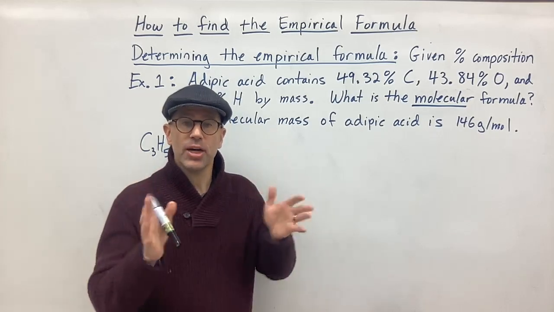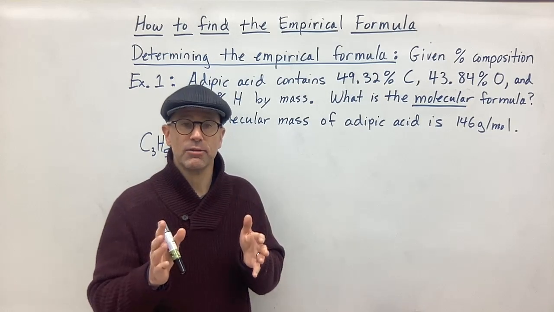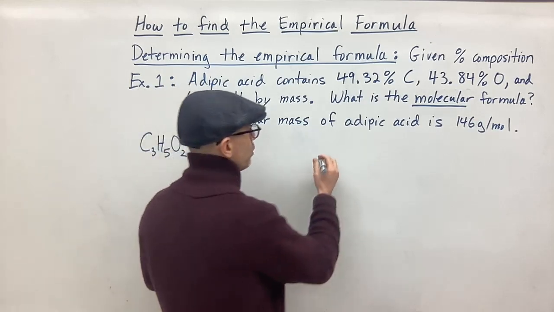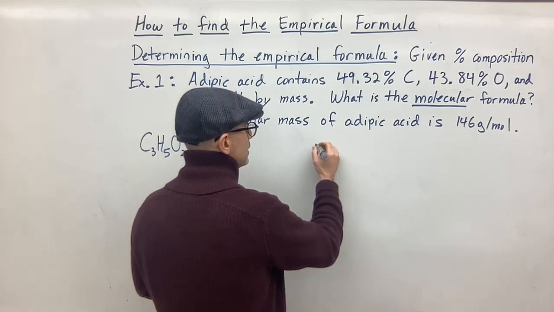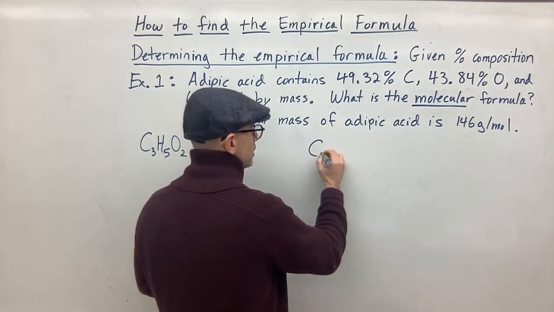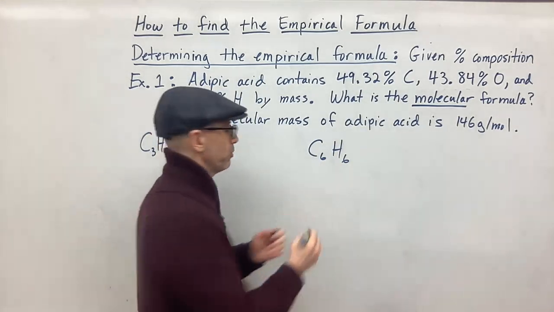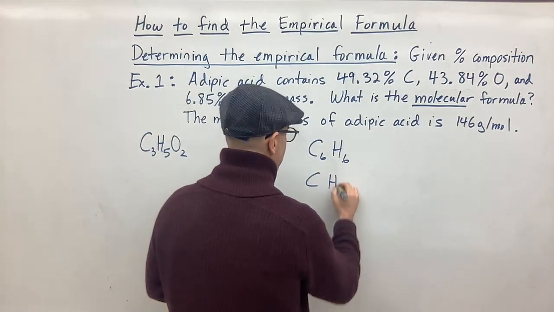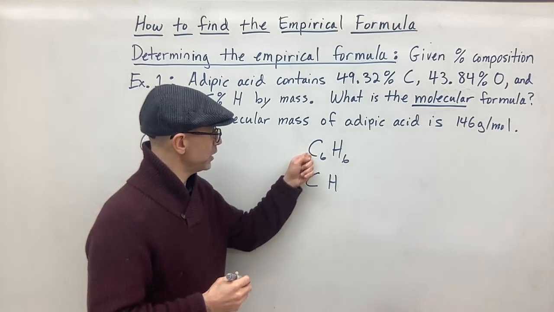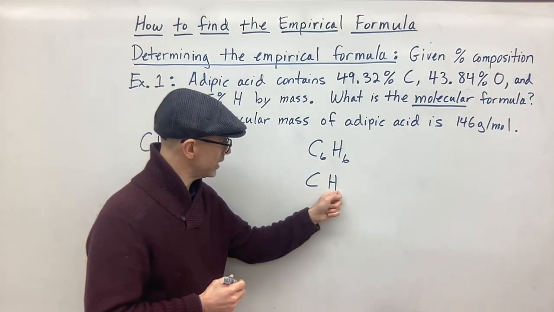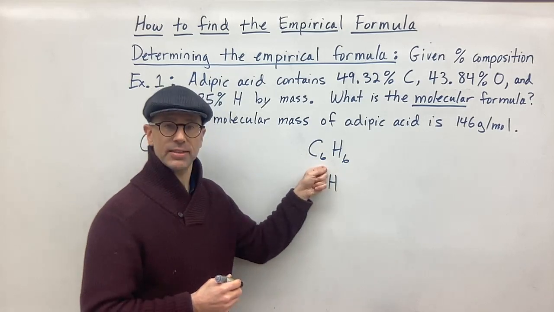So they're going to differ by some sort of factor, right? A factor of 2 or a factor of 6. For example, if you remember, benzene has a molecular formula C6H6. The empirical formula is CH. The difference between these two is a factor of 6. I have to multiply this by 6 to get this.